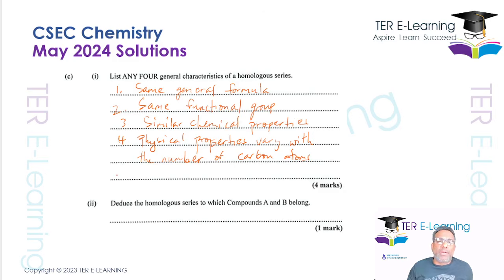And we could put a 5th one here if you want: adjacent members differ by CH2.